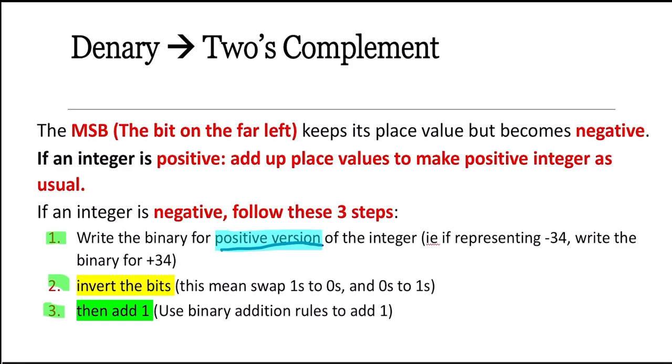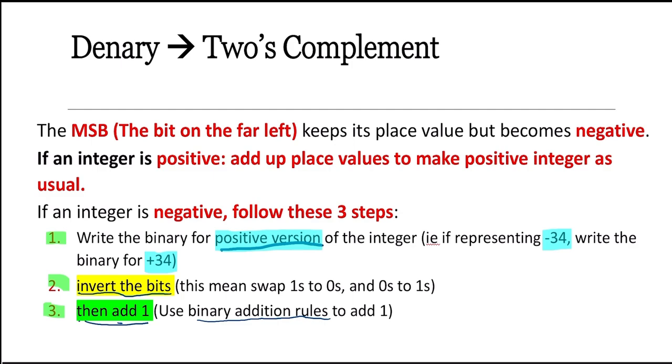So for example, if you want to represent negative 34, first of all, write the binary for positive 34. Second step, you invert the bits. This means swap 1s to 0s and 0s to 1s. And the third and final step is we add 1 using the binary addition rules. And those are the 3 steps.